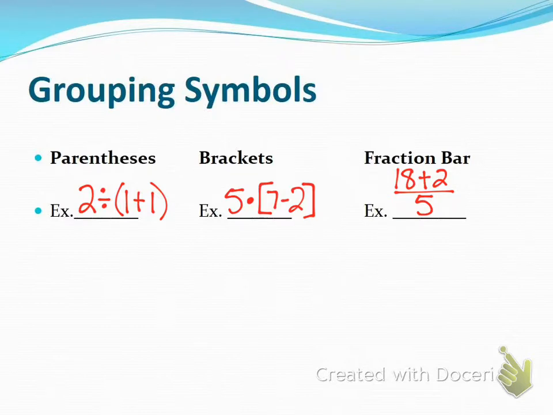Most of the time we understand parentheses and brackets better, but if you need to make yourself a note on this one, 18 plus 2 comes first because the division bar works as a grouping symbol. It groups the numerator separate from the denominator, or the top separate from the bottom.